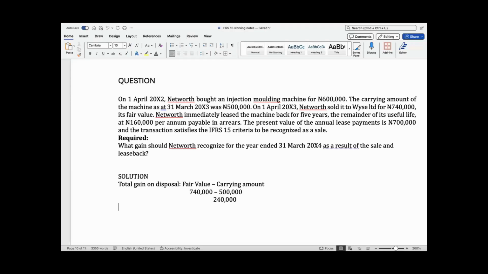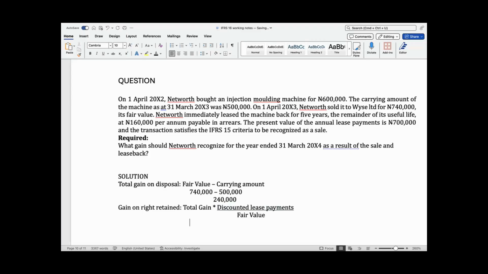We need to take away gain on rights retained, which is the total gain times the discounted lease payments divided by fair value.